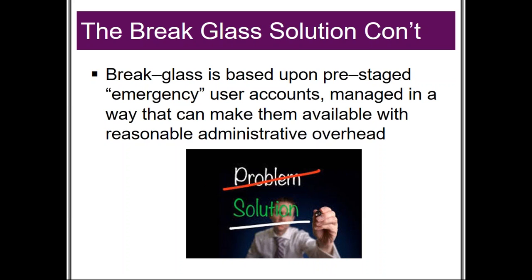The break glass process is intended to specifically cover emergency cases, and it should not be used as a replacement for a help desk. So I don't want you all going out there and setting this thing up and saying, I don't know the password, so I'm just going to use the break glass solution. That's not what it's used for. It's used for when it's a true emergency, all right?